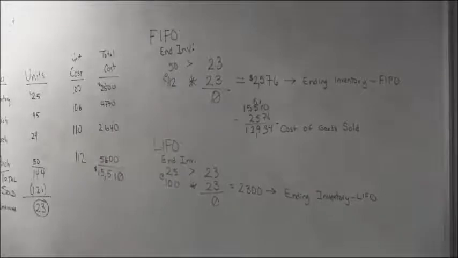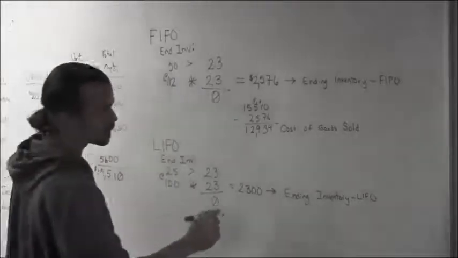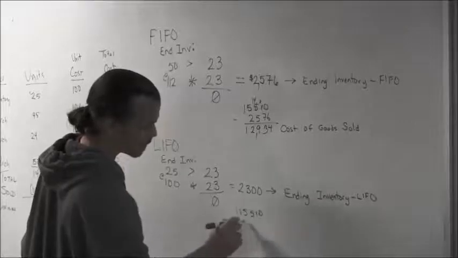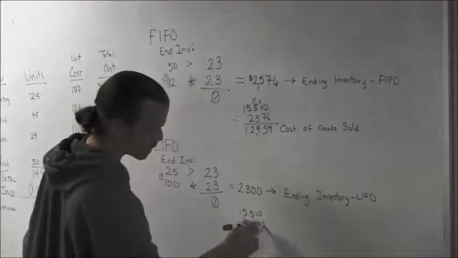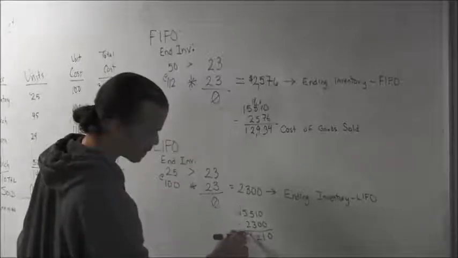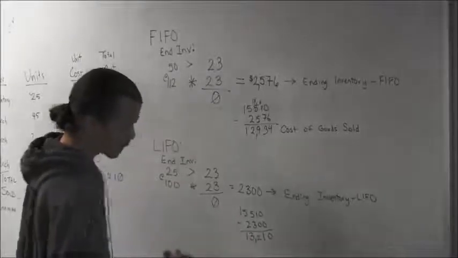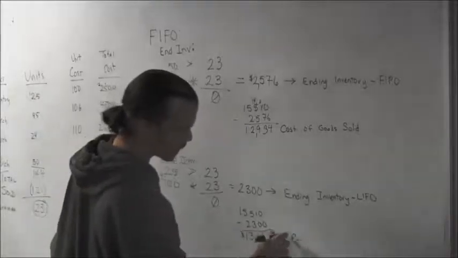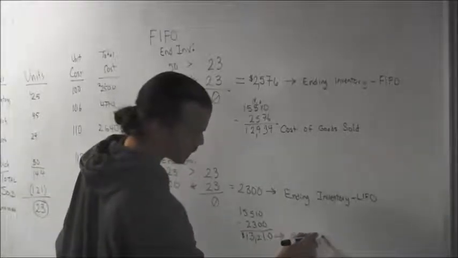And if I subtract the 2,300 from my 15,510, I get 13,210 as my cost of goods sold.